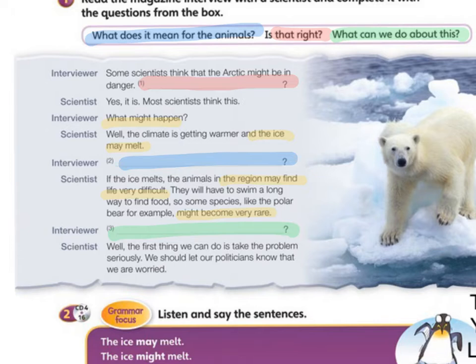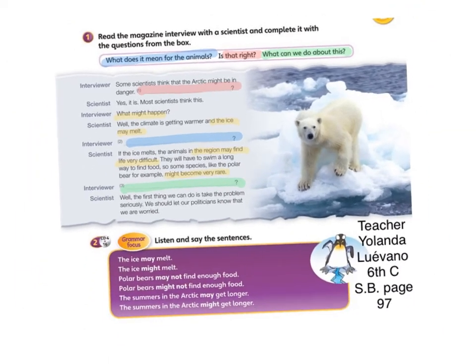And all of these talk about probability. It's something that is quite probable and we can stop them if we stop polluting our environment and we force the countries' governments to make laws against illegal hunting and usage of things such as plastic and other pollutants of the environment. Let's continue practicing with may and might.